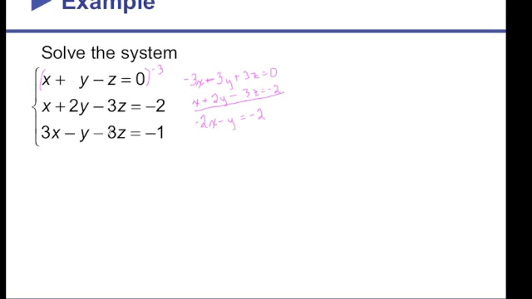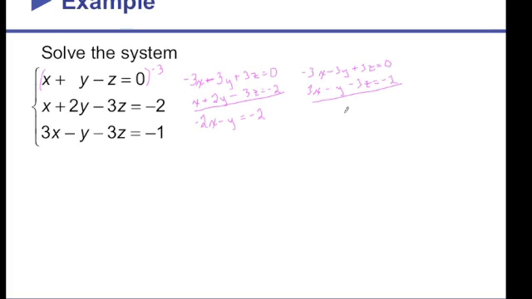Well, since I've got that negative 3 down here, let's also take the top equation times negative 3 and add it to the bottom equation. 3x minus y minus 3z equals negative 2.